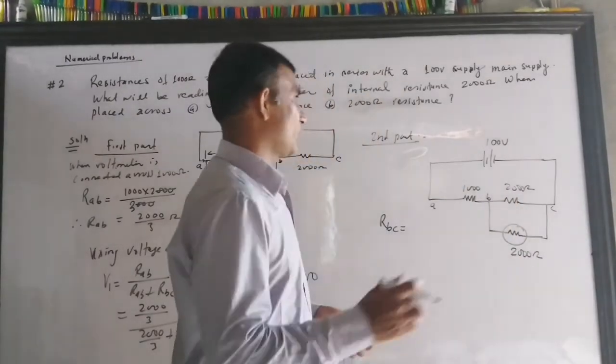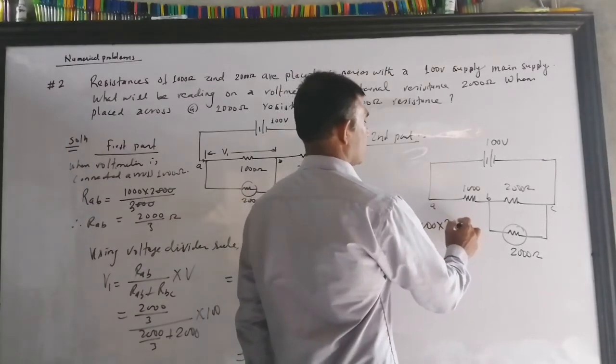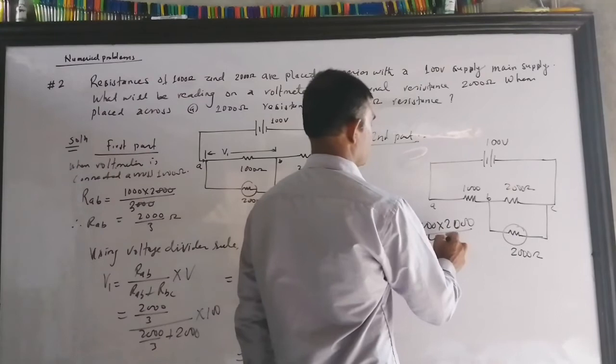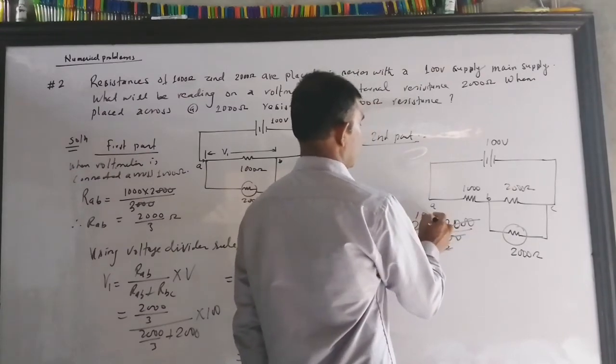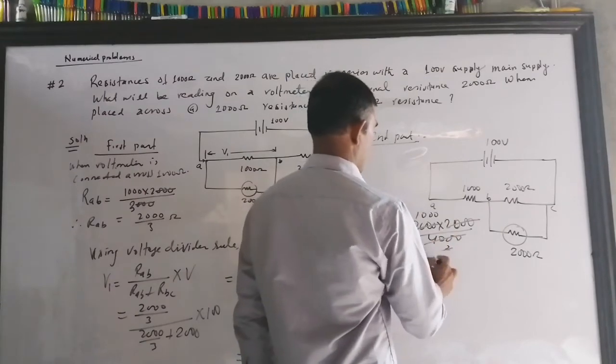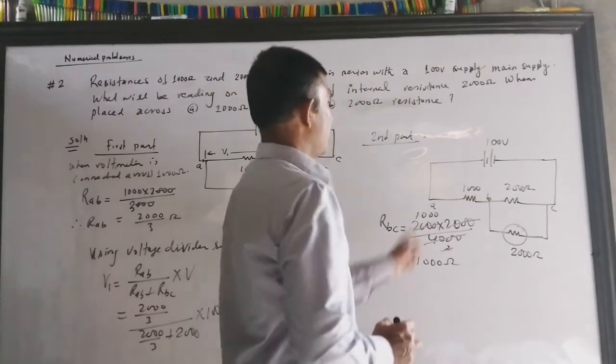Otherwise you can use product by sum, 4000 over 2000 is 1000. So the resistance from B to C becomes 1000 ohm.